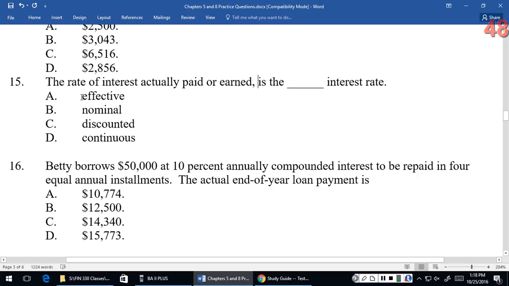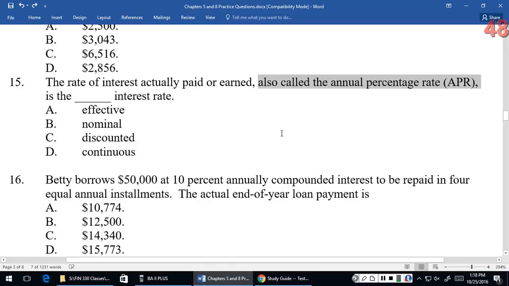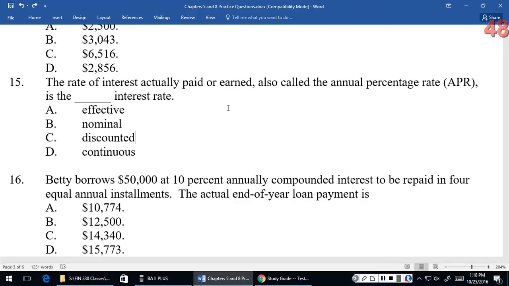The APR is the annual percentage rate. It takes into account, if you get a loan, things like fees that you might pay on your loan and that type of thing. And so it's what you're paying, but it doesn't take into account compounding. So that's technically not a correct question. It should just say the rate of interest actually paid or earned is what? The effective rate of interest.